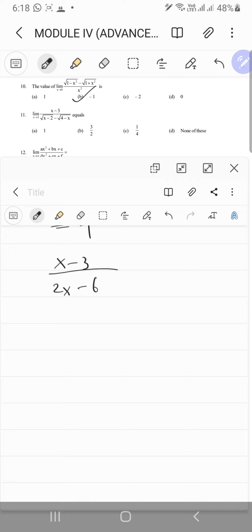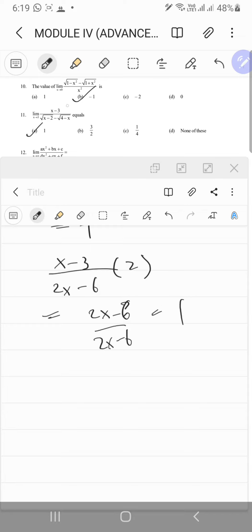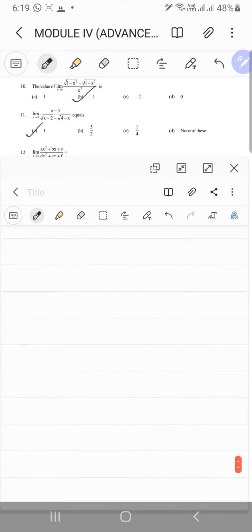And over here, when you put 3 into this, you just get square root of 1 and square root of 1. So this should be 2, right? And yeah, this should be 2x minus 6 upon 2x minus 6, which is 1. So that's the limit. Next question.